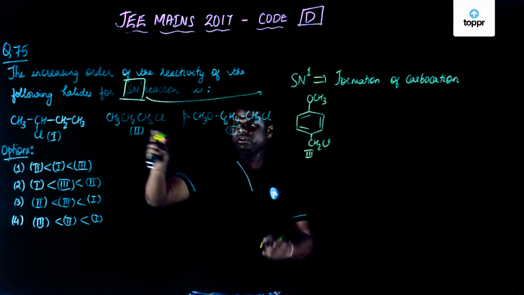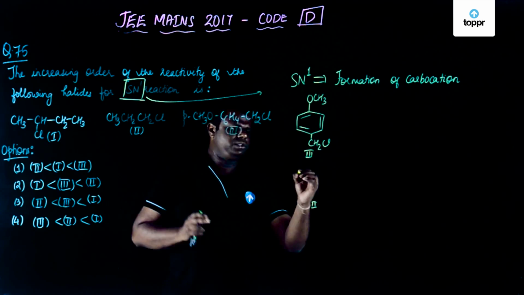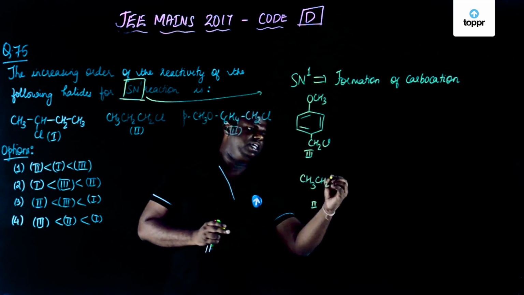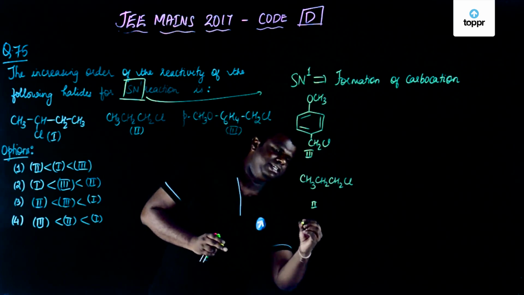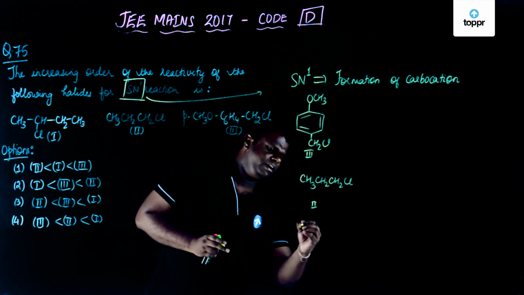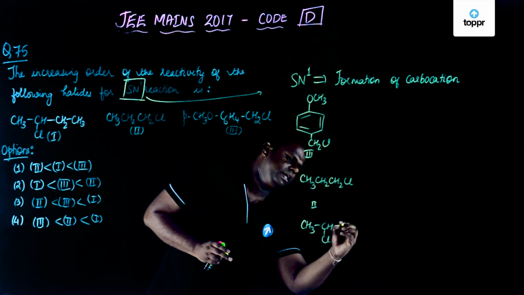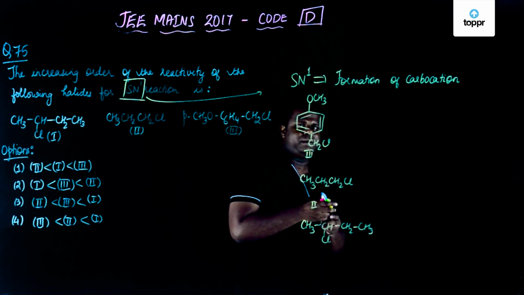Let's move on to option number 2, which is CH3 CH2 CH2Cl. And then you have this secondary butyl chloride: CH3, CH with a Cl over here, and then a CH2 and a CH3.